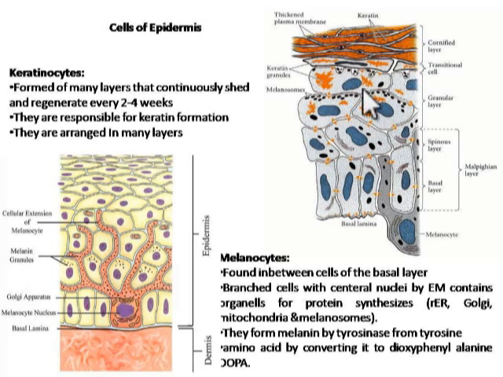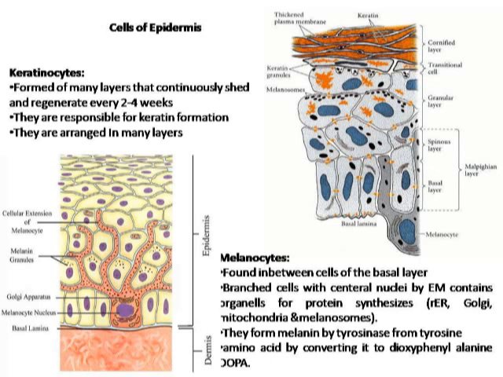Then you can see the melanocytes, the melanocyte cell found in between the cells of basal layer, branched cells with central nuclei, and contain organelles for protein synthesis, that is rough endoplasmic reticulum, Golgi, mitochondria and melanosomes.